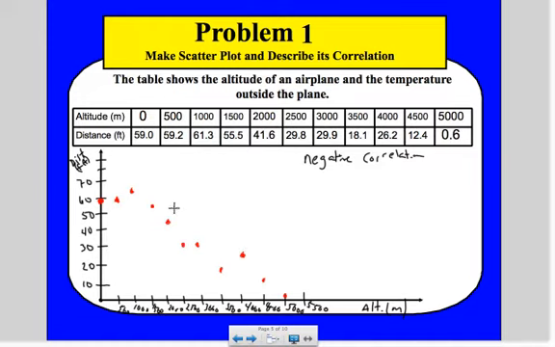If we were to put a line here, you can see how the line that would represent that data is running downward as we go. So now we want to be able to describe that by visualizing that line go through. We will talk about how to make that line actually work in a little bit. Right now we're just talking about scatter plots and describing the relationship. Again, it's going in a downward motion. That would be a negative relationship.